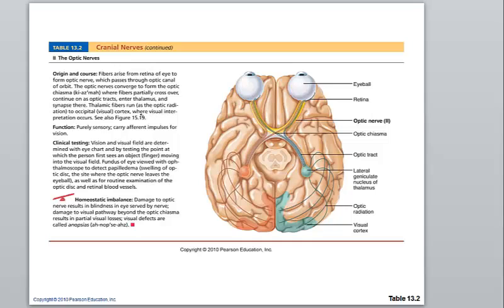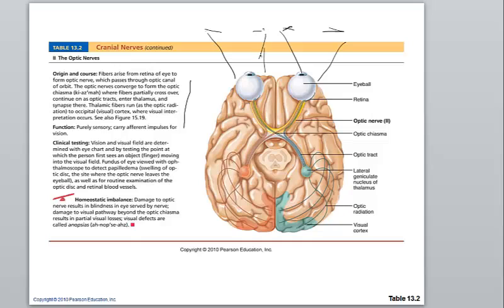Now, in this case, you might have to go over the course a little bit to understand how it goes. For vision, you have the medial and the lateral visual fields, for this eye and for this eye.